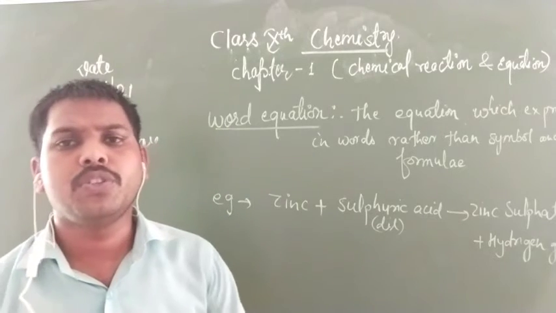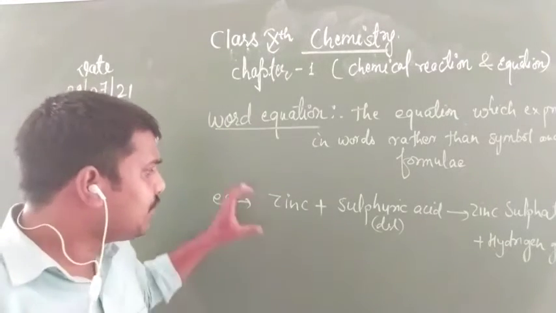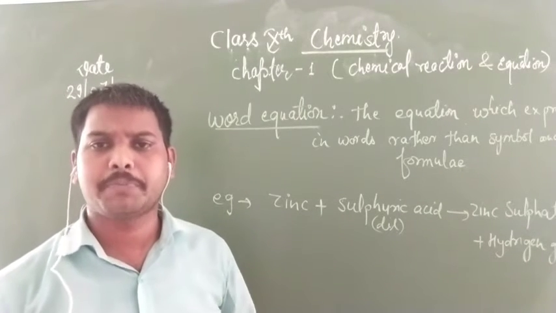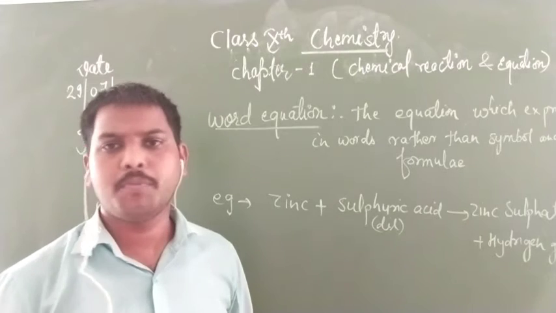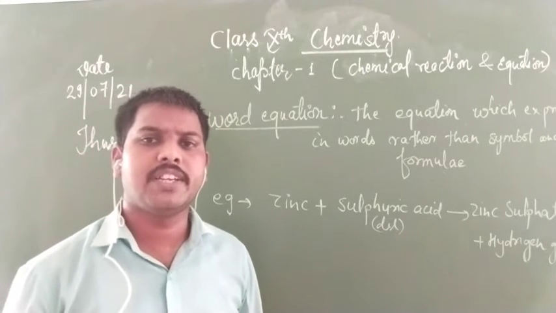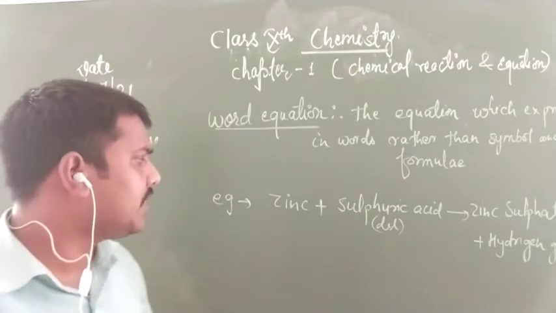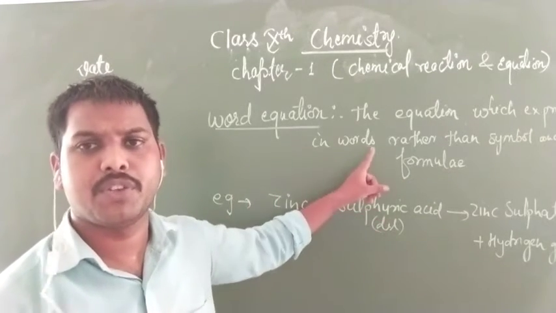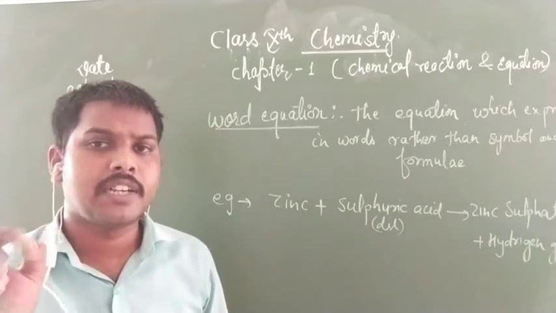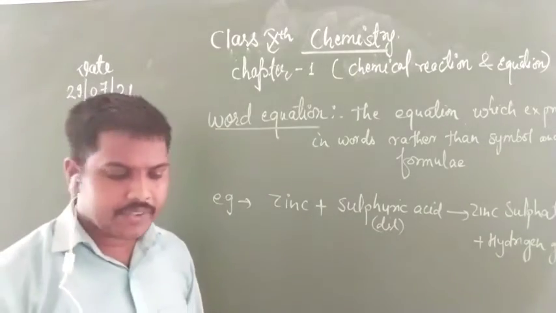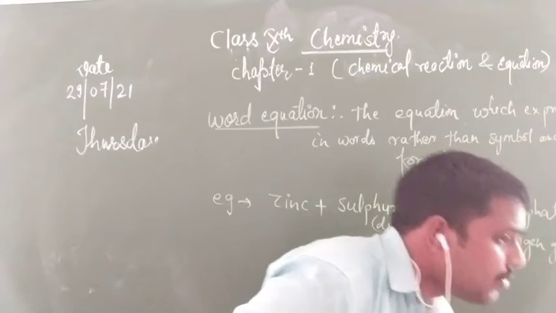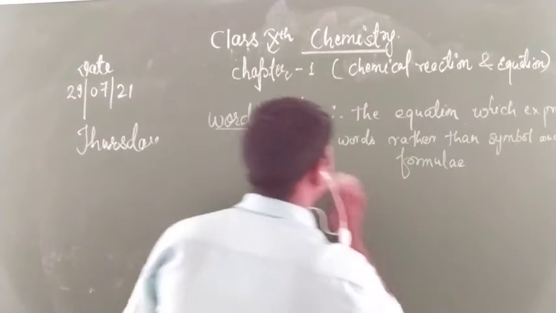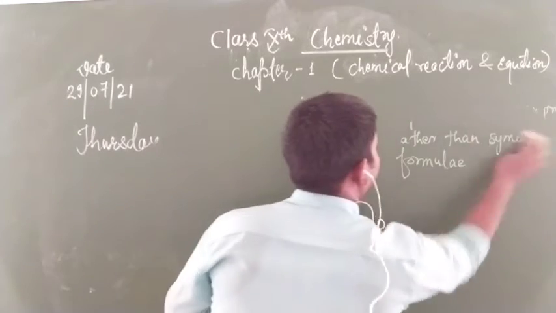So in order to know this, the word equation has to be expressed in symbols and formulae. The method of representing the word equation in symbols and formulae is called the chemical equation. Clear everyone? When the word equation is expressed in symbols and formulae, it is known as the chemical equation.